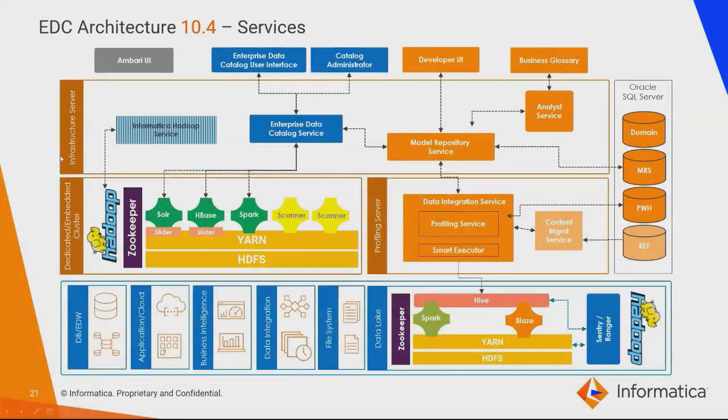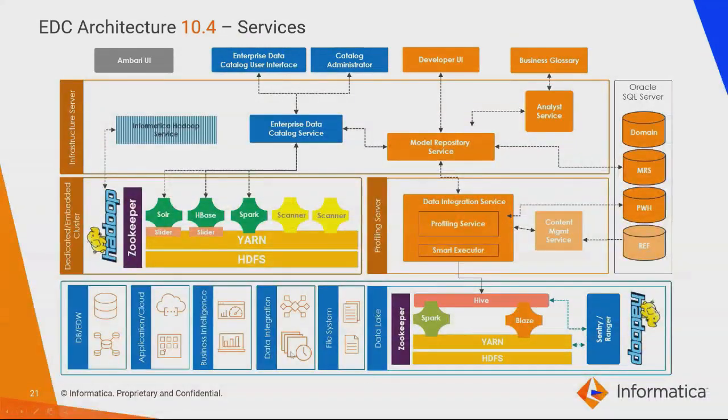The embedded cluster was running on a set of machines where all the various services were deployed: HDFS, Yarn, etc. And we were continuing to rely on the data integration service infrastructure to perform the profiling on the source.